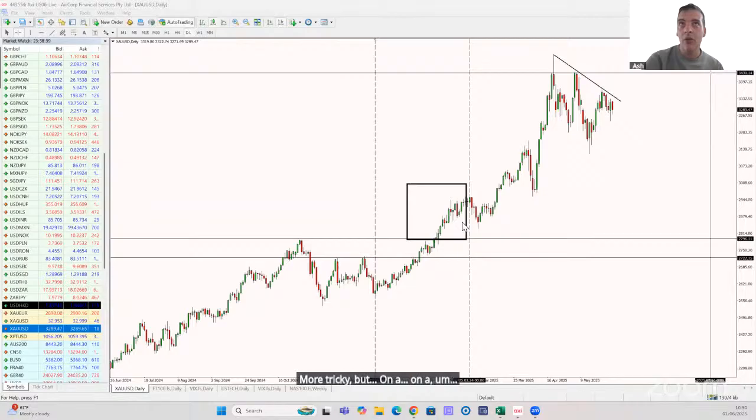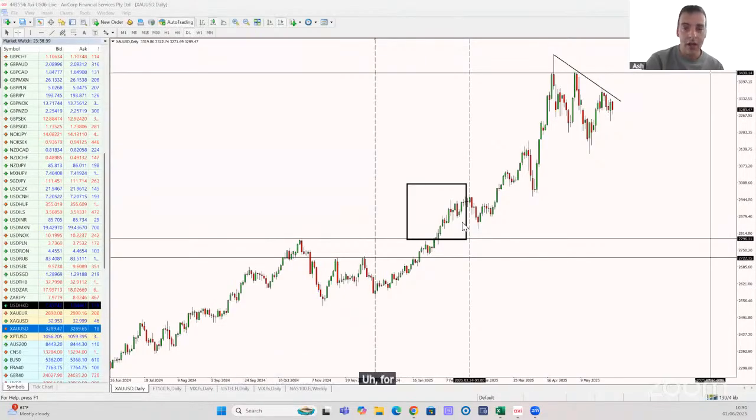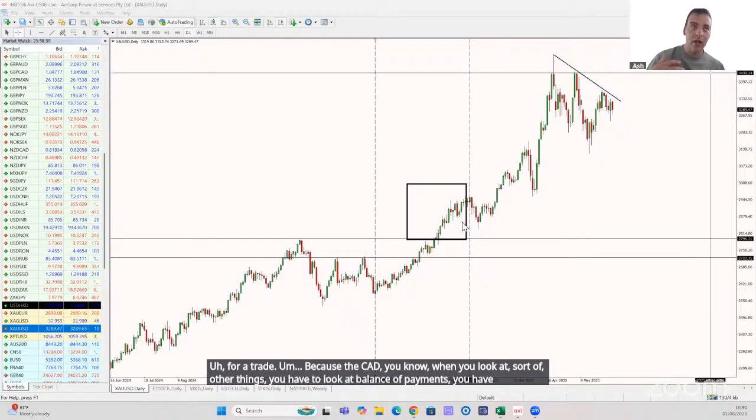Where it comes to the CAD and the Swissy, or the CAD and the yen particularly, you can look at it for a trade. Because with the CAD, you have to look at balance of payments, and at global assets owned as well, which is why the Swissy is so strong. They are net owners of global assets.